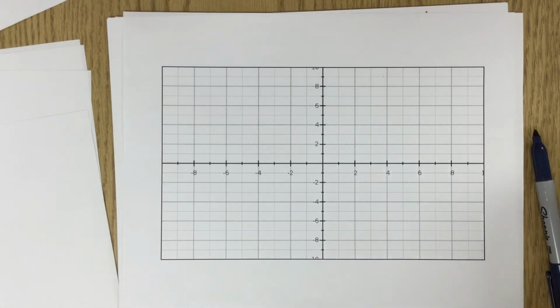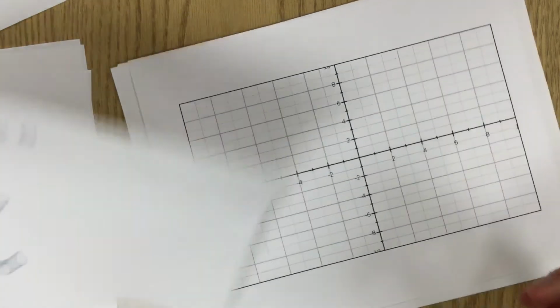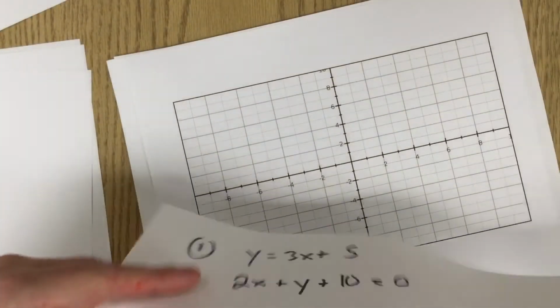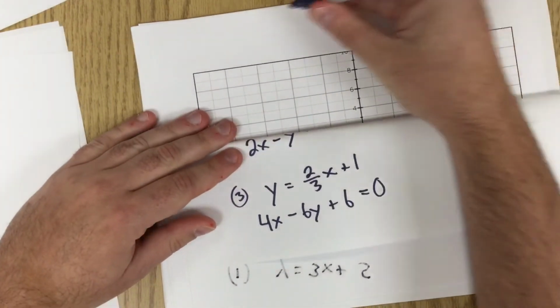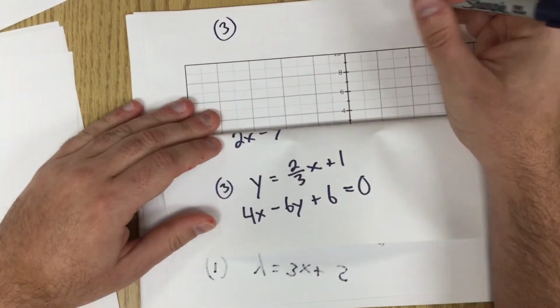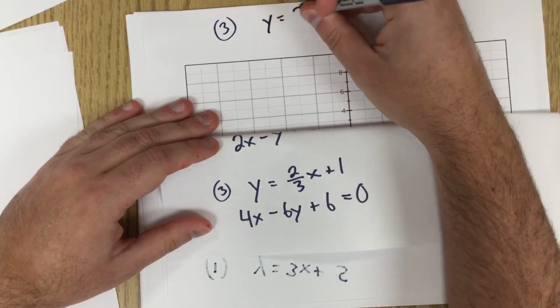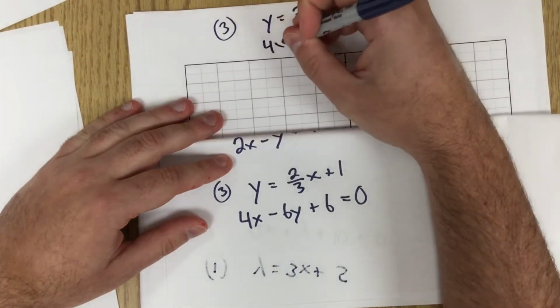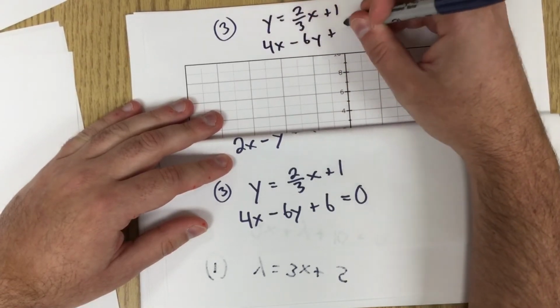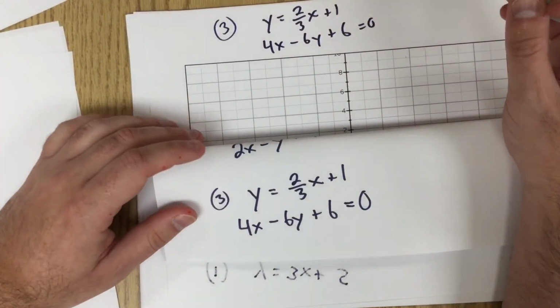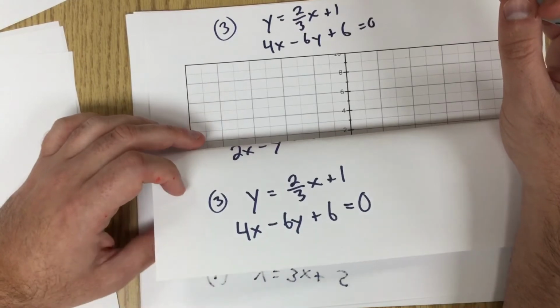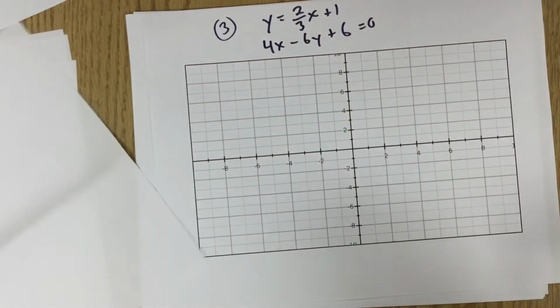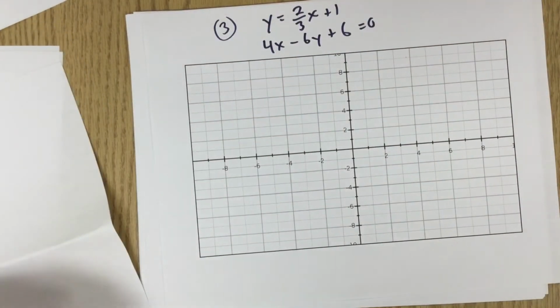And then the last one we have is, looking back to there. So our third one is y equals 2/3 x plus 1, and 4x minus 6y plus 6 equals 0. So y equals 2/3 x plus 1.